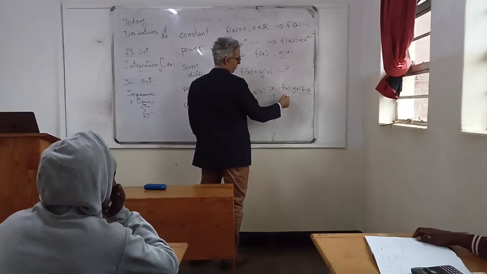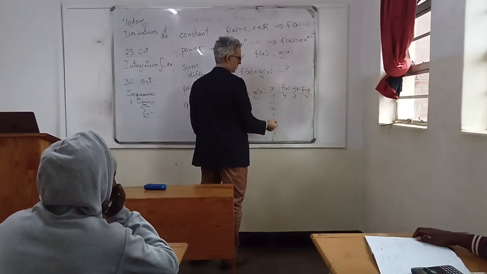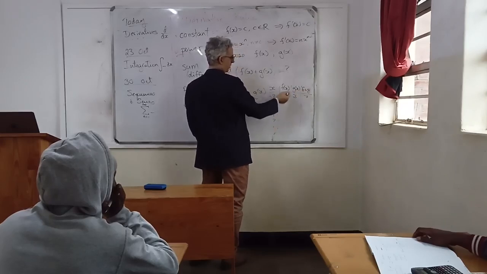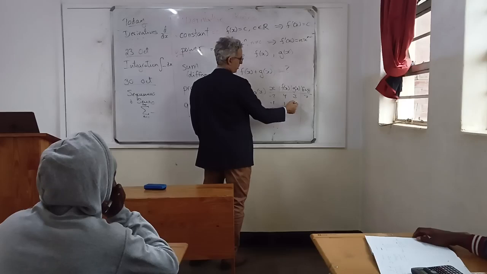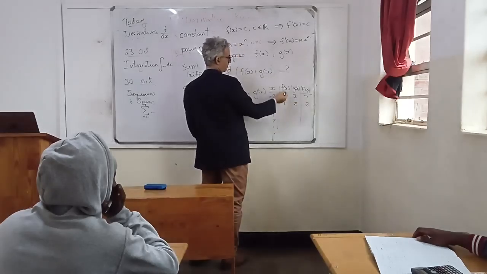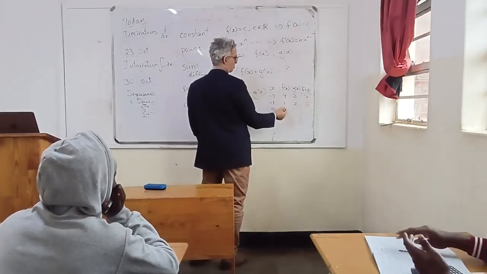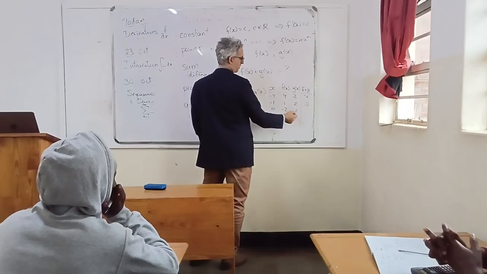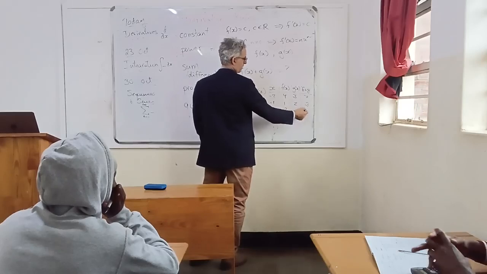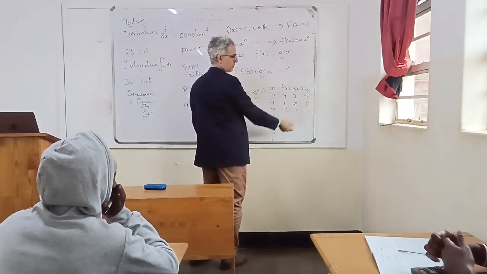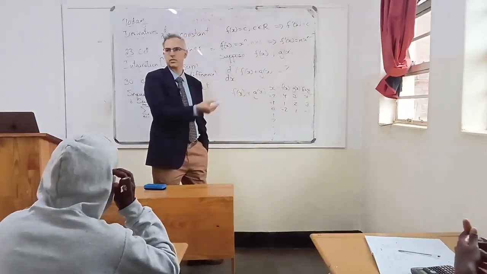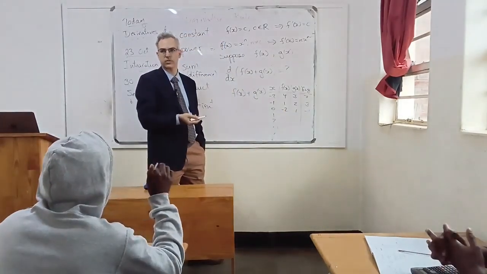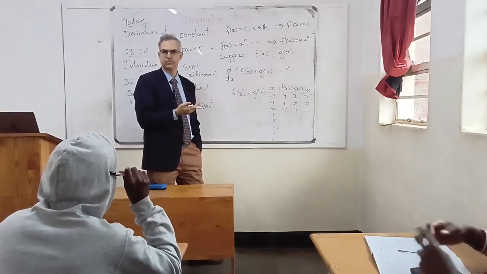Here, let's say it's 4, and g is 3, so f plus g is 7. At x equals -1, f is 1, g is 2, so 1 plus 2 is 3. When x is 0, f of x is -2, and g of x is 1. -2 plus 1 is -1. And so on. So f plus g is just adding the values of the two functions for every point x.